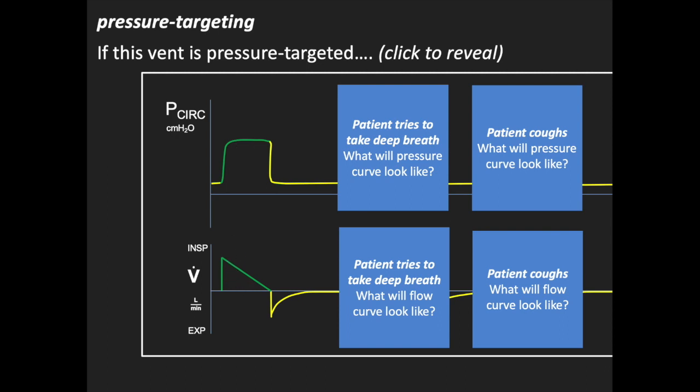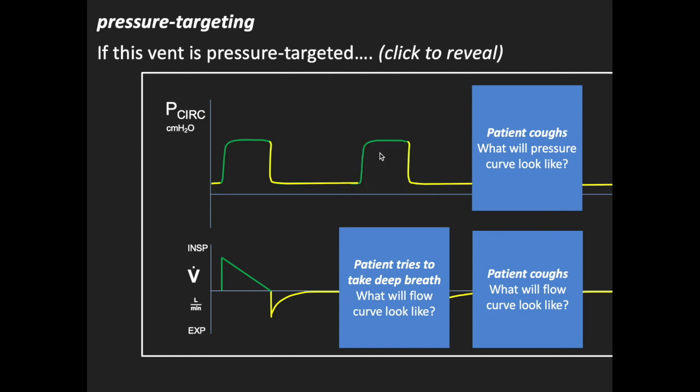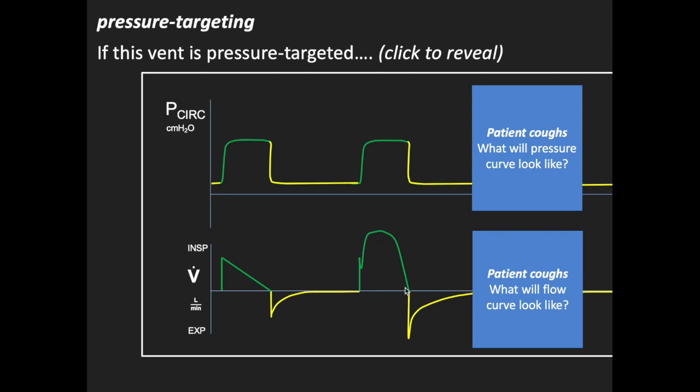So if the patient tries to take a big deep breath, what's going to happen? Well, the first thing that's going to happen is the ventilator will notice that the pressure in the tube is starting to fall. So in order to prevent the pressure in the tube from going below the pressure target, the ventilator will provide more flow. If everything works out exactly as it's supposed to in this idealized example, the pressure curve will look exactly the same, and that's because the ventilator provided a big inspiratory flow to maintain that pressure target when the patient tried to take a big deep breath in.